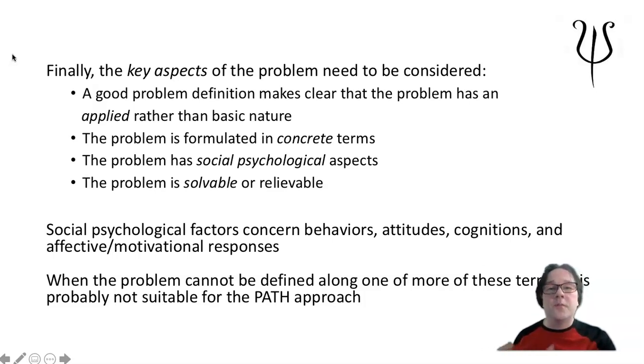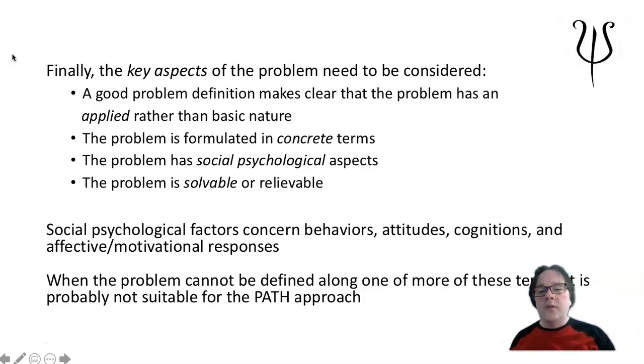So it's going to focus more on the individual, not necessarily what we can do in the community or what laws we can enact, but more so how can we affect these factors: people's behaviors, attitudes, cognitions, motivations, or affects.